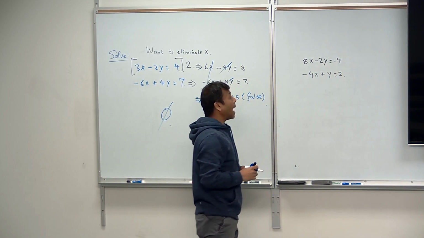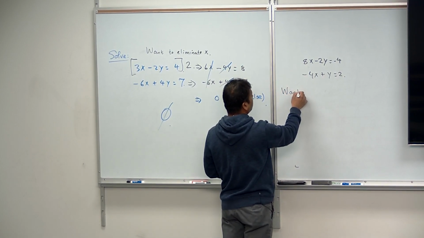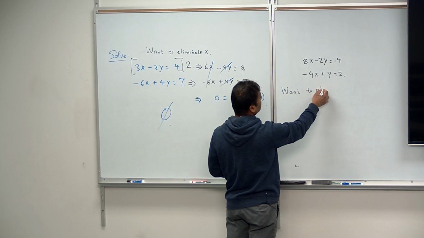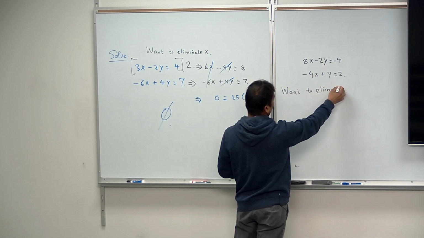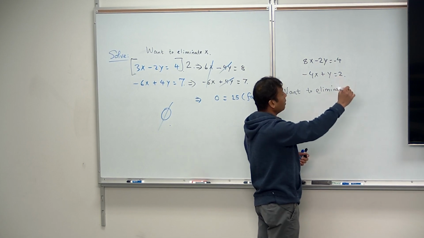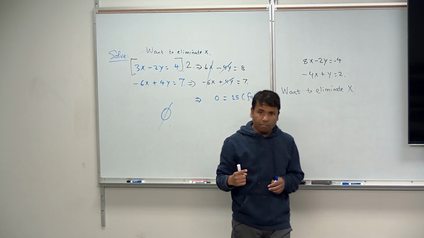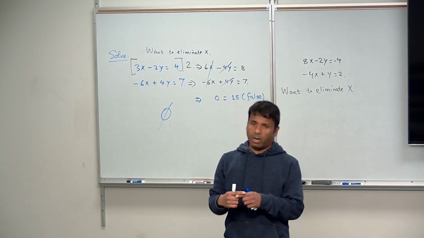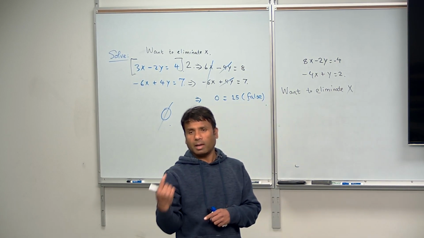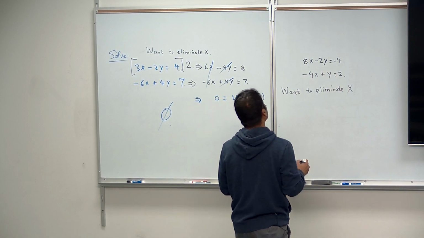What do you want to eliminate? x or y, whatever you like. What do you want to eliminate, x? Okay. So now you have to make the coefficient of x the same and opposite in sign. If one is positive, another one must be negative. Is that right? So how do you do that?